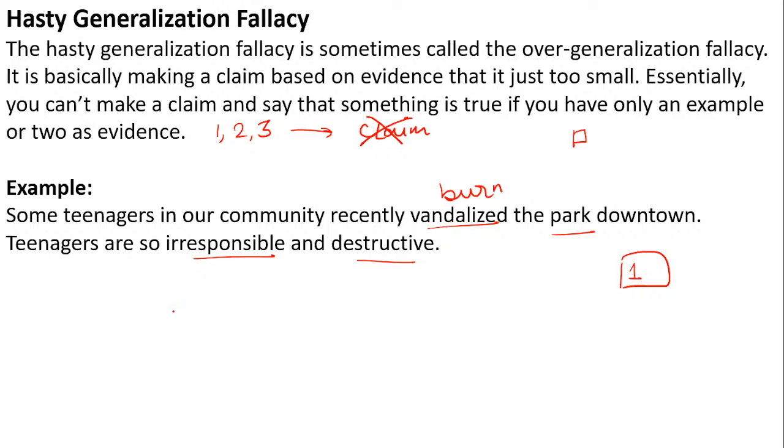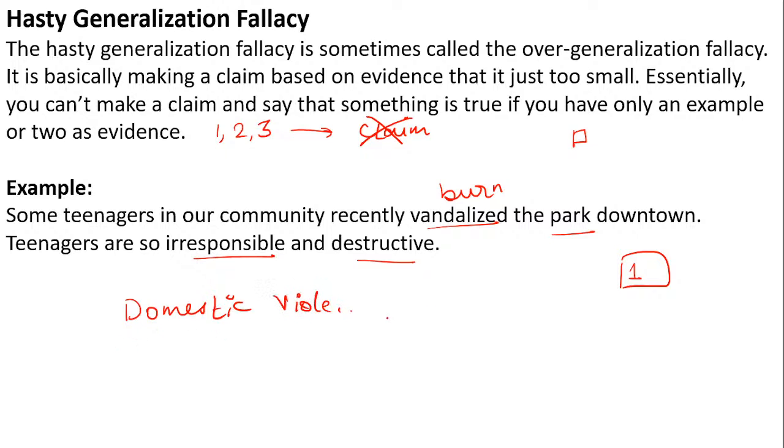Okay, so you might have also heard that there are men who abuse their wives. Okay, physically, you might have heard of domestic violence. So okay, there are men who beat their wives.